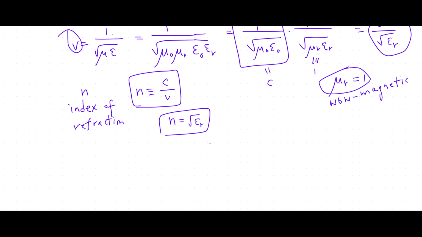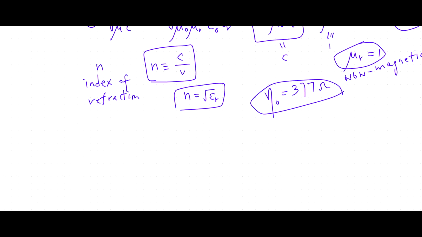You don't need to do all that, because all you have to do is work with the speed of light or work with eta naught. Do you remember what eta naught is? The wave impedance when the wave is traveling in vacuum. What's that number I asked you to remember? Remember this. You will thank me later. The wave traveling in air, 377 ohms. So how does that relate to this? What is eta again?